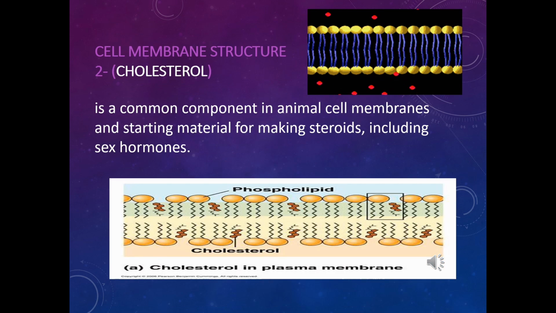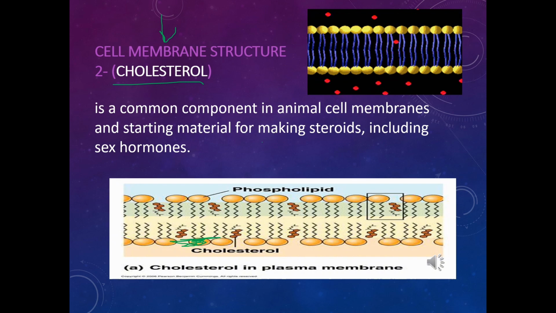We have another example of lipids. We have again the cholesterol in the cell membrane structure. The cholesterol is holding the heads together of the phospholipid bilayer of the cell membrane. And we have another function for that cholesterol.